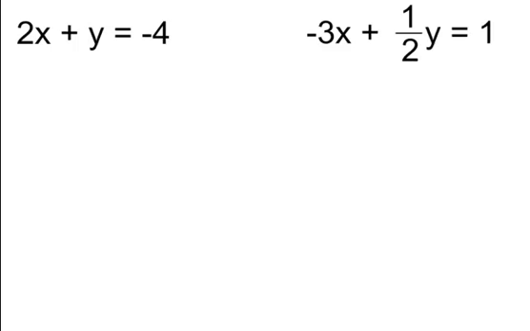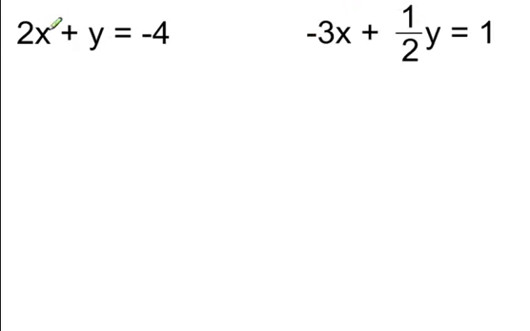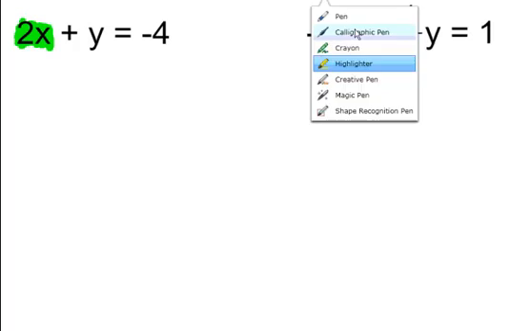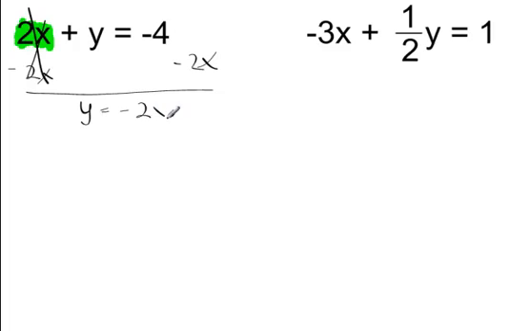All right, let's do a couple examples. So notice in this first problem that it's not in slope-intercept form. Our y is not by itself. So I'm going to highlight what I have to move. I have to get rid of that for the y to be by itself. So how do we do that? We simply do the opposite of 2x, which is negative 2x. So they cancel, and I'm left with y equals our variable part first, and then our number part second.